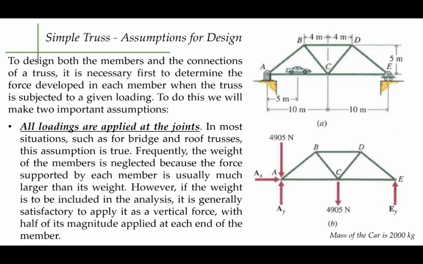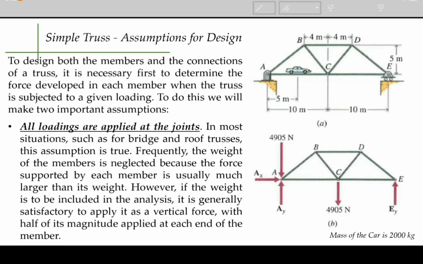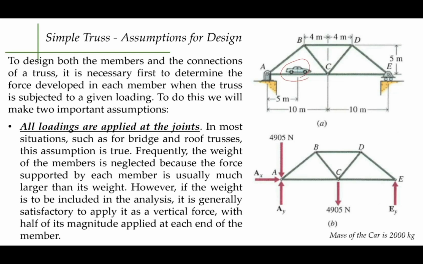Meaning, for example, this one. If you can notice our figure A, there is a car in the middle of AC, and that car weighs 2,000 kilograms. Now, if you convert that mass into weight, you just simply multiply that with 9.81, or the gravitational acceleration. So we will have the weight. Now, of course, by virtue of what we have learned so far, it has to be that the weight should be applied here.